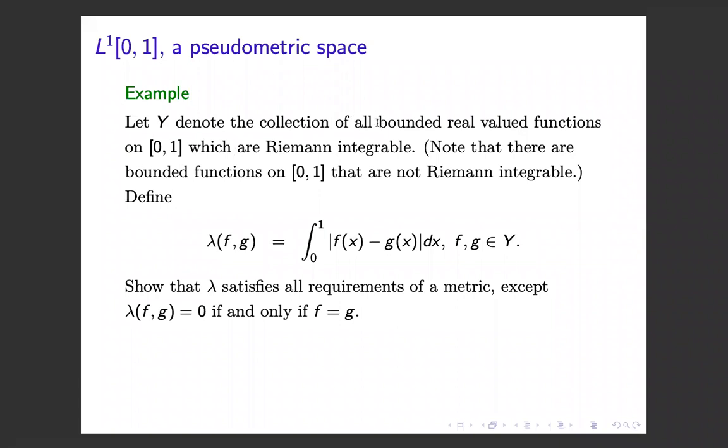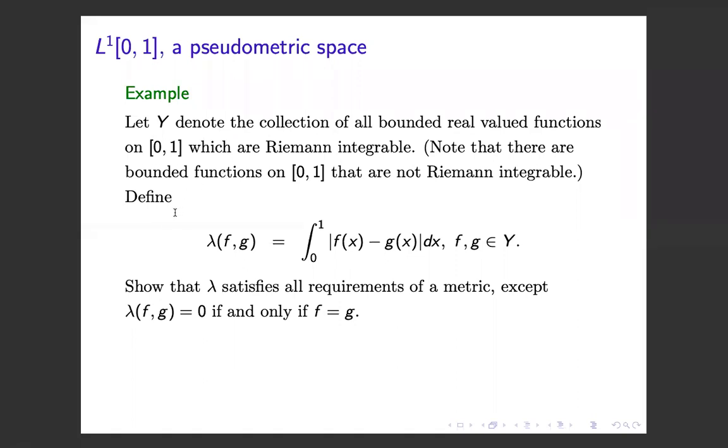There's no continuity; these functions need not be continuous. And you know that there are bounded functions on [0, 1] that are not Riemann integrable. So Riemann integrability we assume, that is, any element of Y is Riemann integrable.